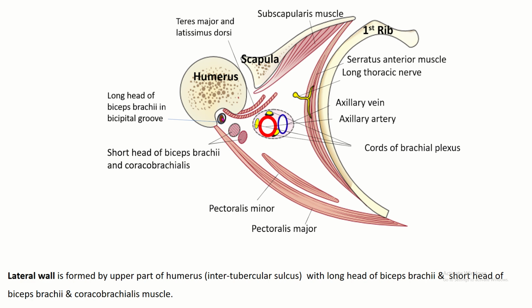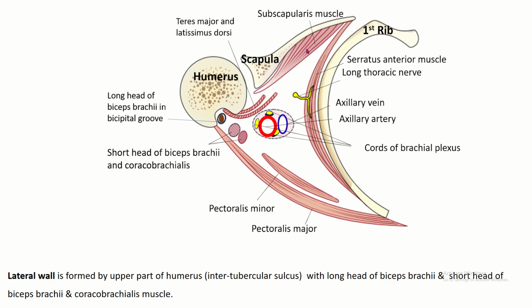So this is the long head of the biceps brachii present in the bicipital groove, and this is the short head of the biceps brachii and coracobrachialis. This is from the lateral wall of the axilla. This is the medial wall of the axilla formed by the serratus anterior muscle.